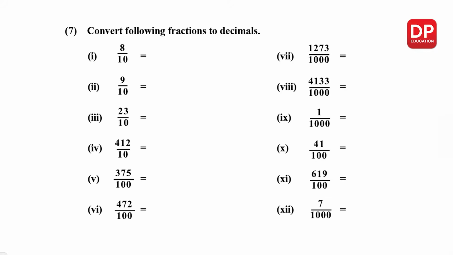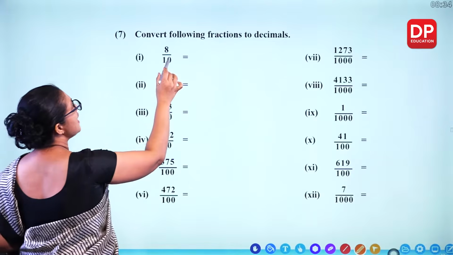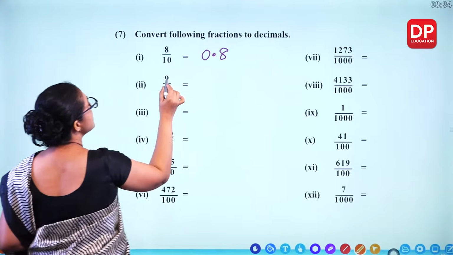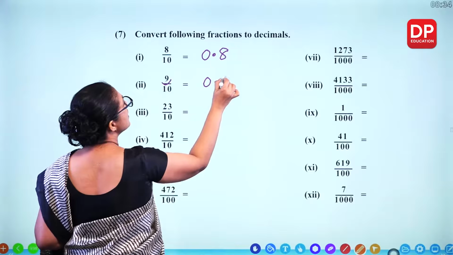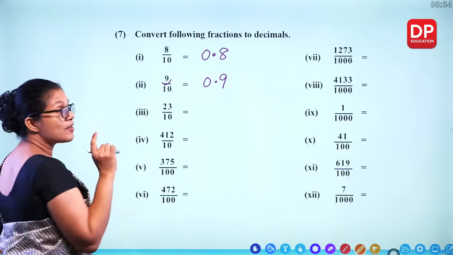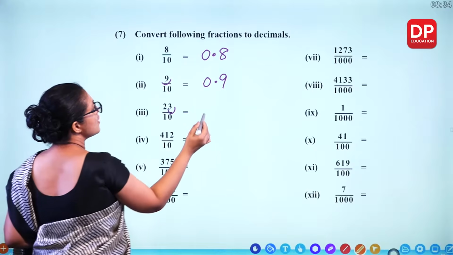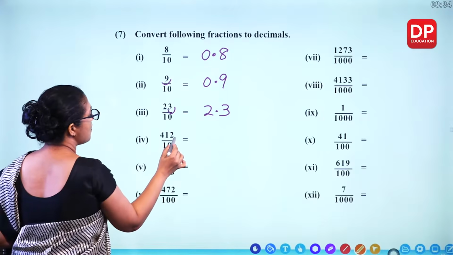Convert the following fractions to decimals. Now look at this one. Divide by 10. So 1 place to the left. 0.8. Divide by 10. 1 place to the left. Divide by 10. 1 place to the left. 2.3. Divide by 10 again.